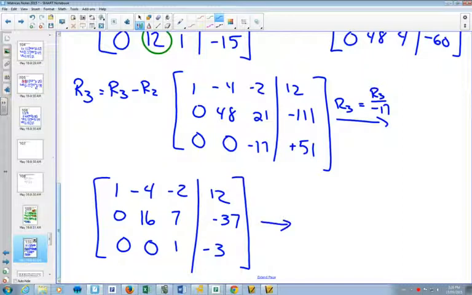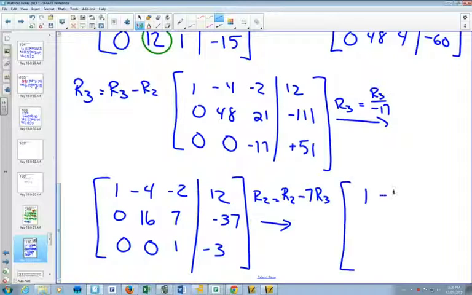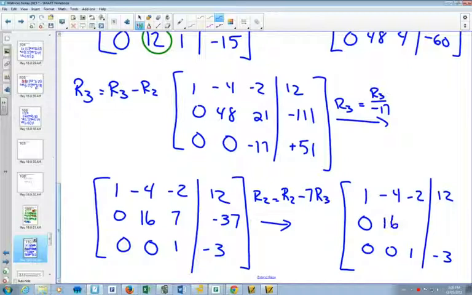So now we could just take row 2 minus 7 row 3's. So that'll make this one 0, and negative 37 minus 21.